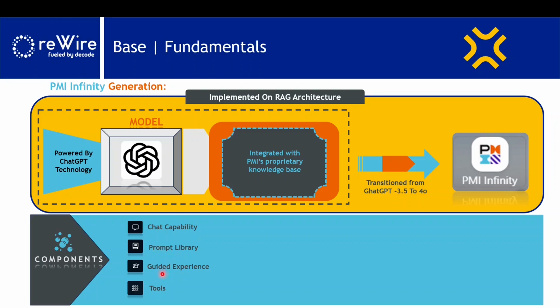The next one is the guided experience. They have added certain widgets which let the end user explore a few topics, which is useful to the community. They can take the information and generate their own avenues based on it. And then tools. Suppose in the project management domain, templates and checklists are available.